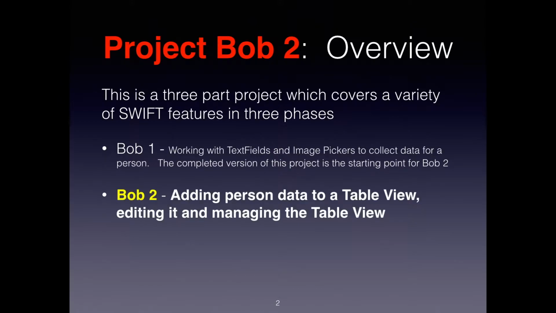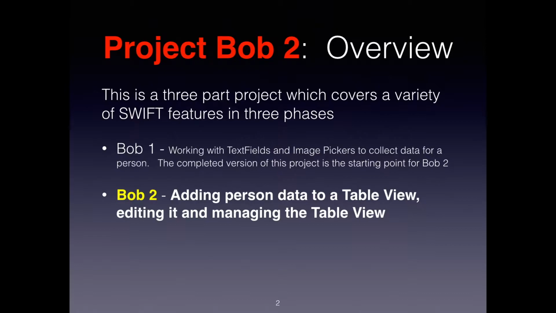And what we're going to do in Bob 2 is add that person data that we caught in Bob 1 to a table view. We're going to show you how we go back and forth between the table view and that screen: how we add a new person and add it to the table view, how we edit someone that's already in the table view, and how we delete someone from the table view.